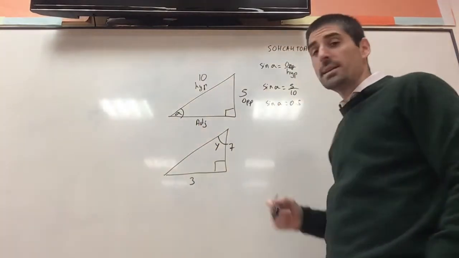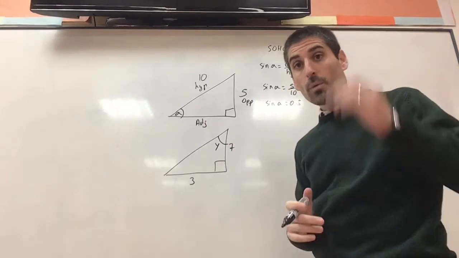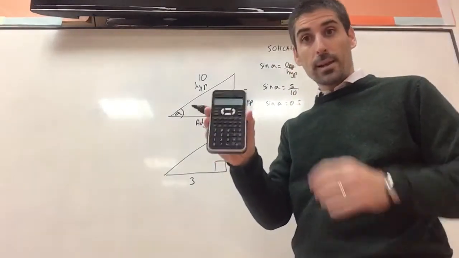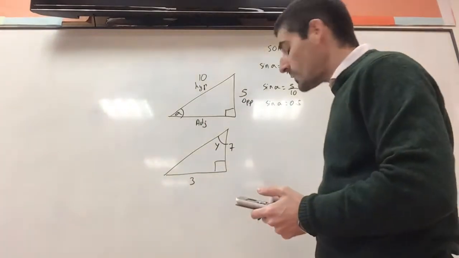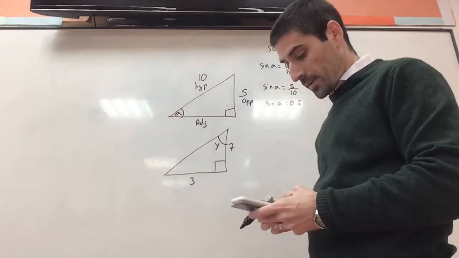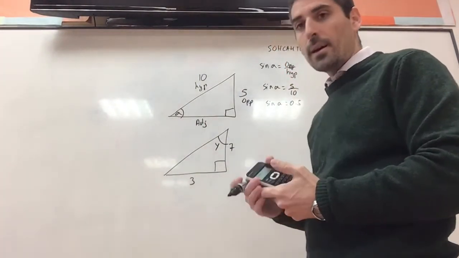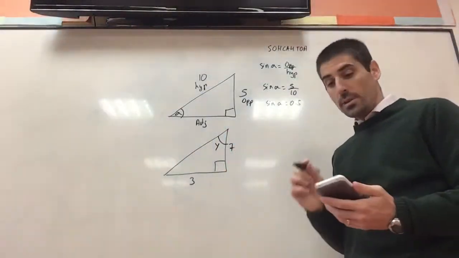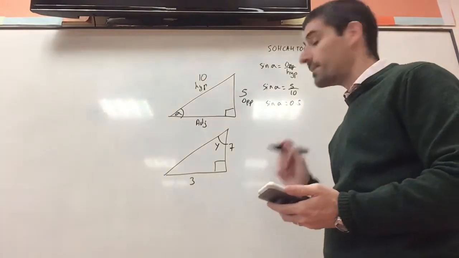So once I've got this, how do I find the angle? Well, for that, you need a proper scientific calculator like this, okay? And once you do 5 divided by 10, and you've got 0.5 on your screen, you need to find the following buttons.